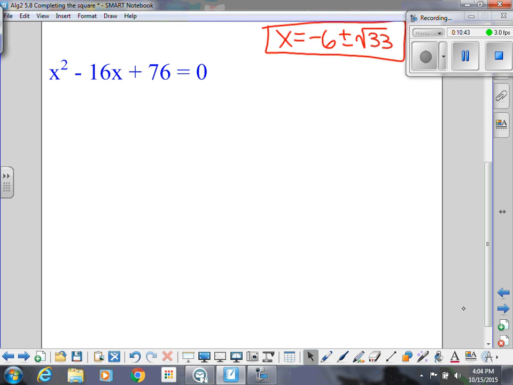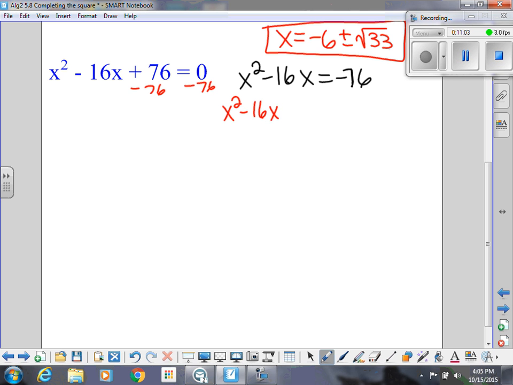All right, we've got a big number here. Subtract that 76 on both sides first. So I'm going to have x squared minus 16x equals negative 76. We need to figure out what we are going to add to complete the square.